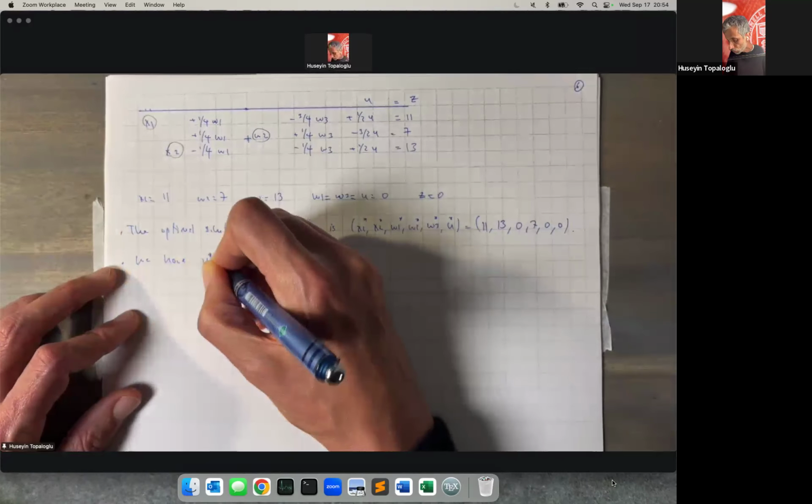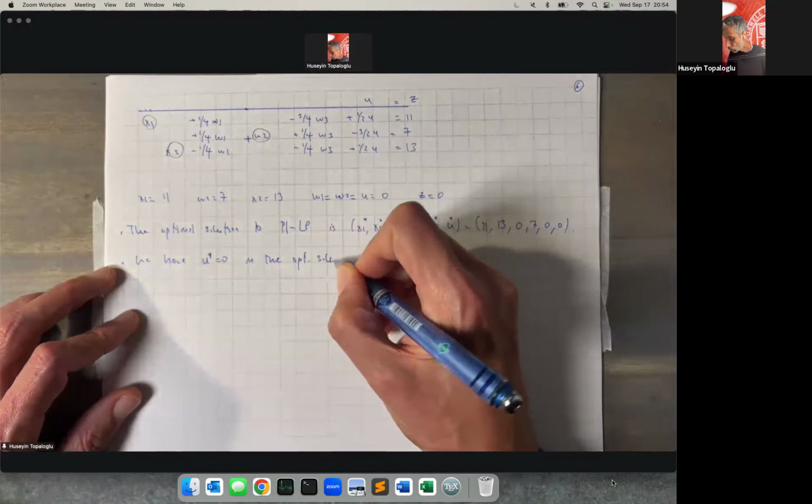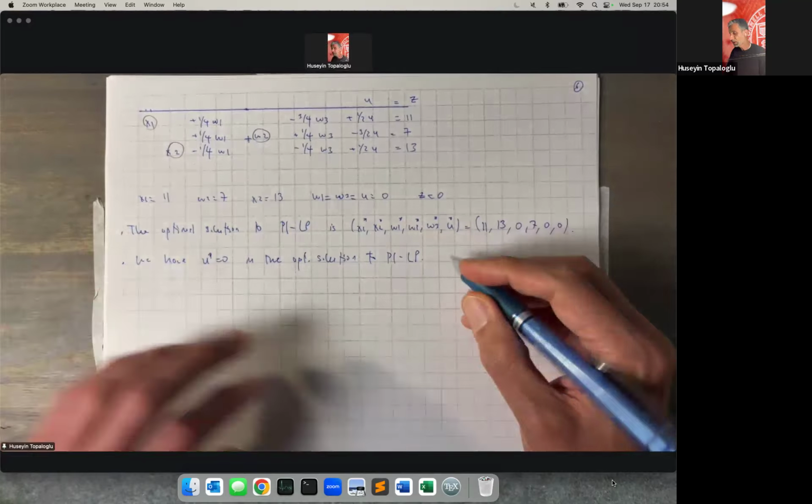We have u star equals 0 in the optimal solution to phase 1 linear program.